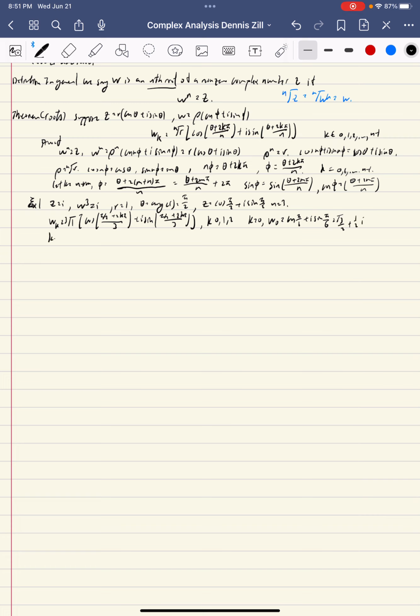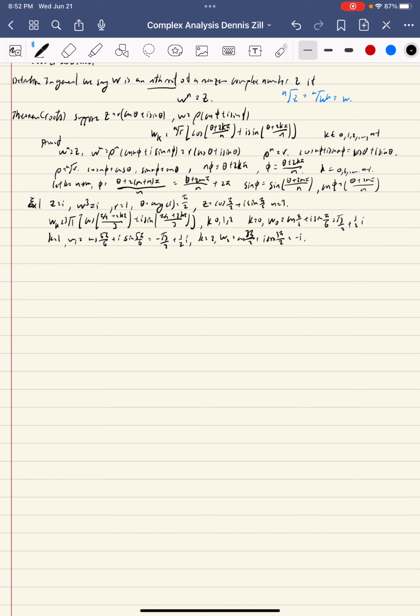For k equals 1, w1 is equal to cosine of 5 pi over 6 plus i sine 5 pi over 6, which is negative root 3 over 2 plus 1 over 2 i. And if we finally let k equal 2, we have w2 equal to cosine of 3 pi over 2 plus i sine of 3 pi over 2, which is equal to negative i.